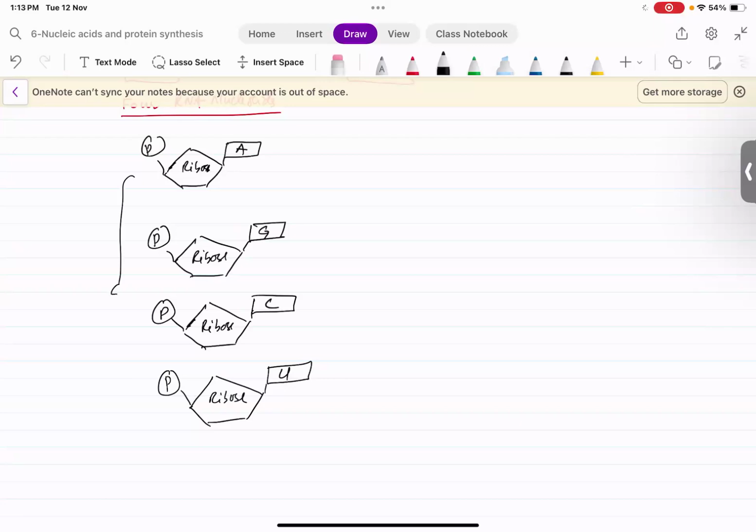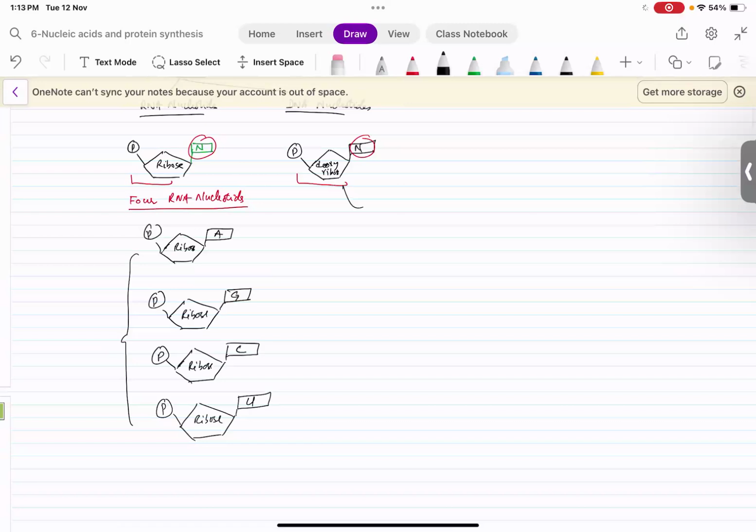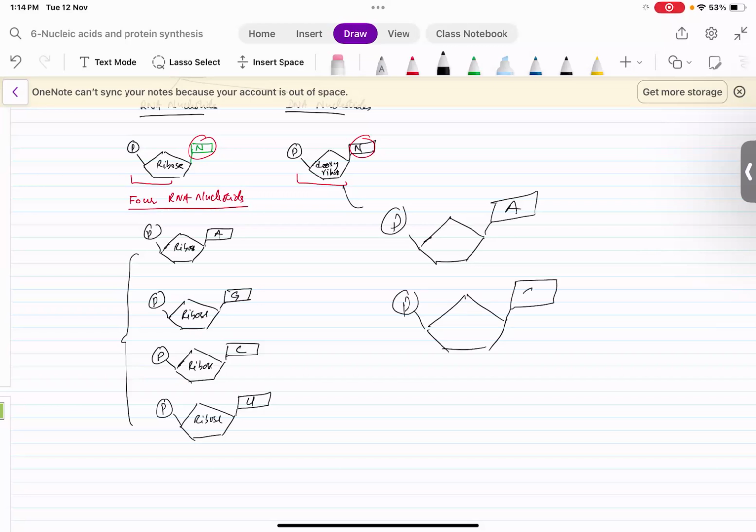Similarly, there are 4 nucleotides found in DNA, but they have deoxyribose sugar, a phosphate group here, and they have adenine here. They have a phosphate group here, they have guanine here.